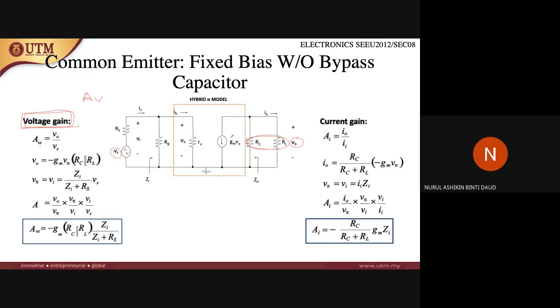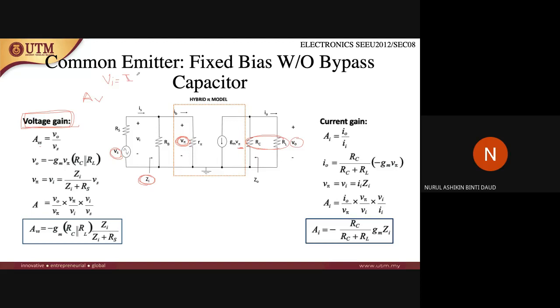And V pi here is equal to V input, which is equal to the input impedance ZI, the one that you have calculated just now, over VS.